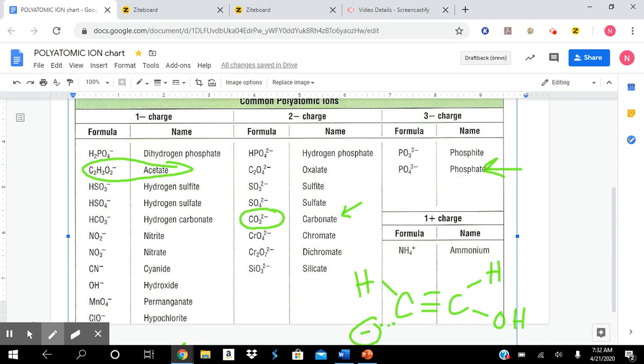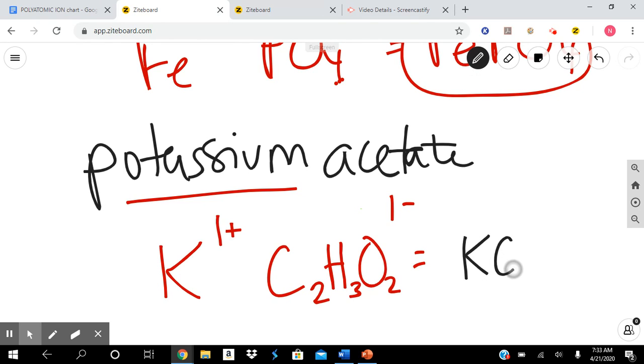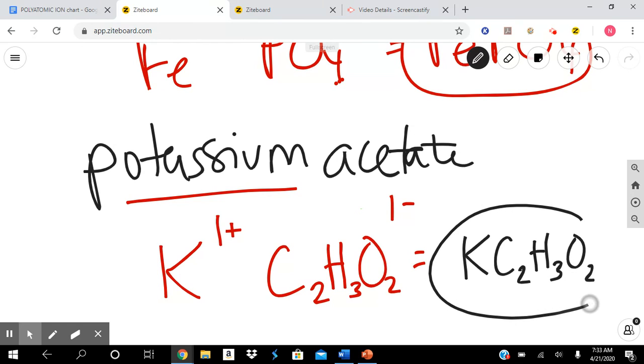So it's a big polyatomic ion. So that whole thing is acetate, and it has a charge of 1 minus. Well, we have a positive 1 and a negative 1, so I just drop the charges, and I write the whole thing out.